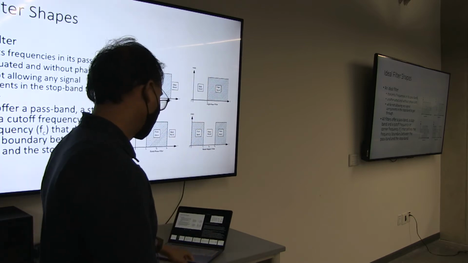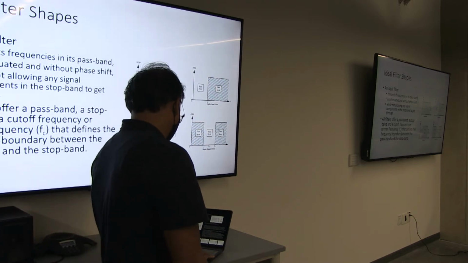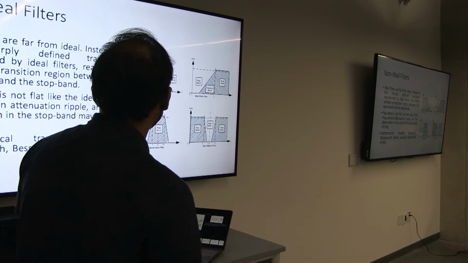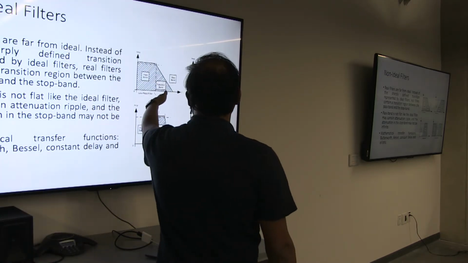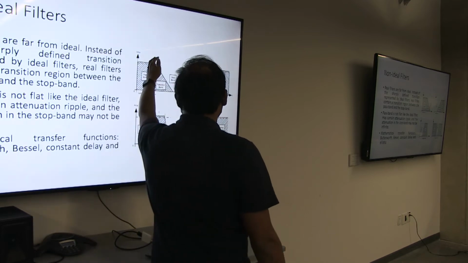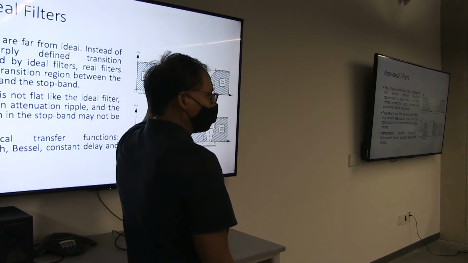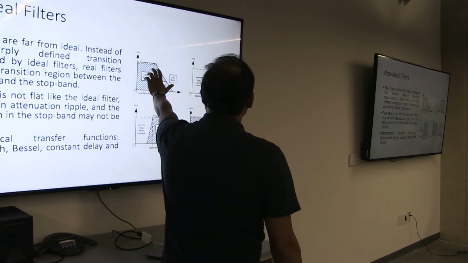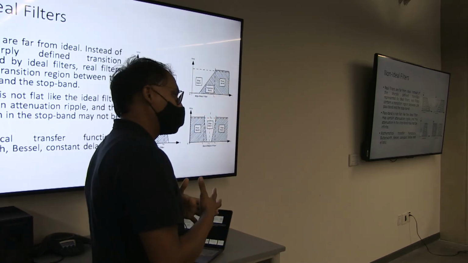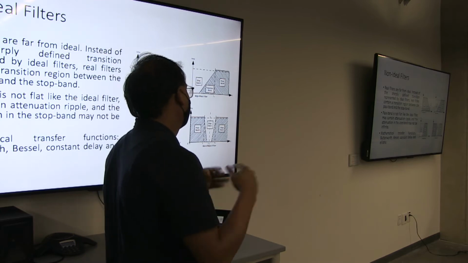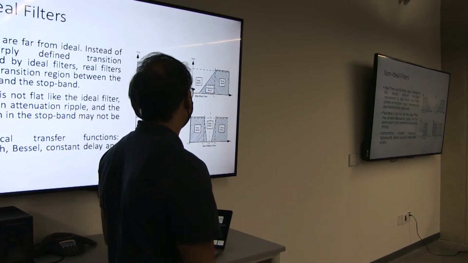So in the real world, we'll have something like this. Instead of this sharp cutoff, we'll have a kind of transition band, and this transition band is what will lead to the different kinds of filters that we have today.